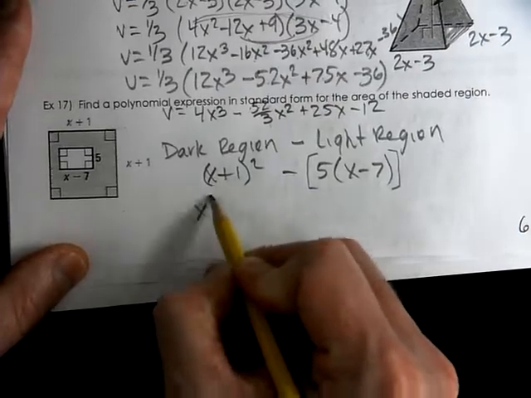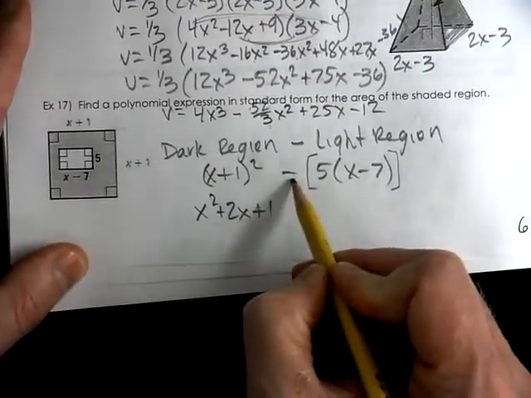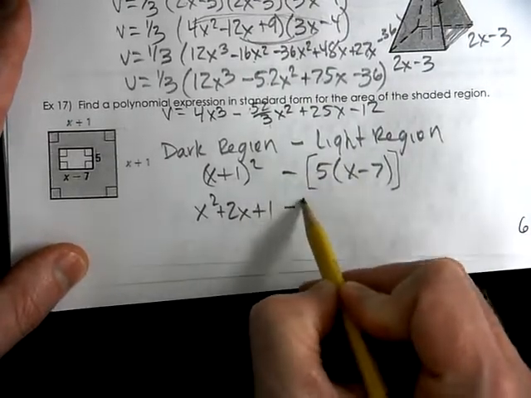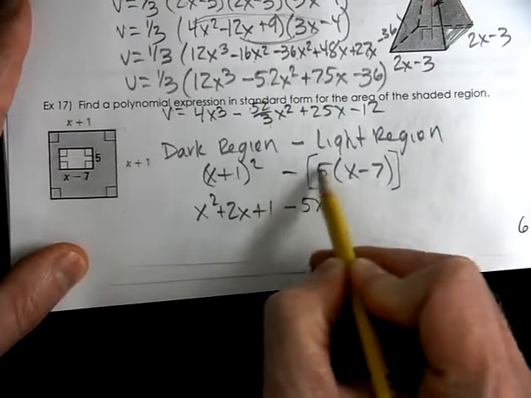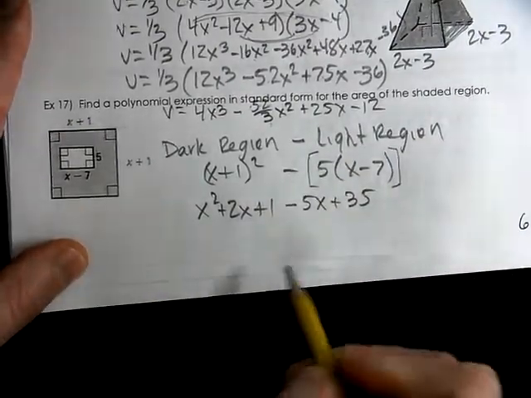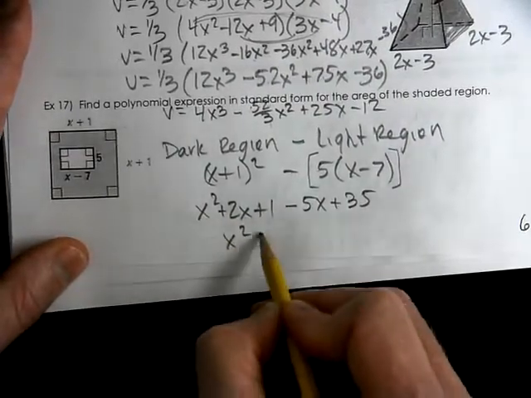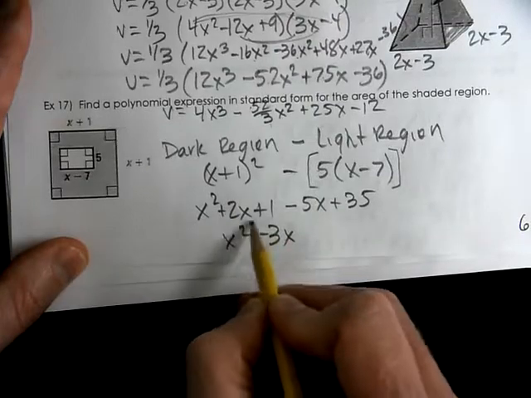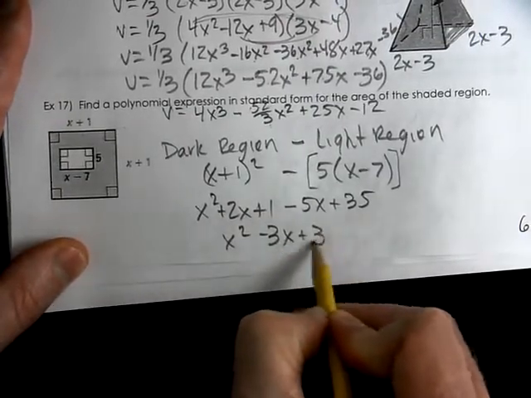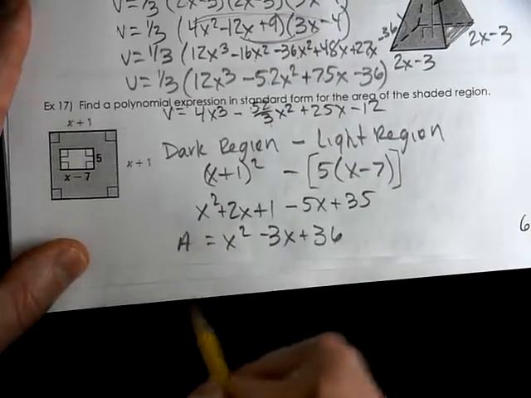This is going to become x squared plus 2x plus 1. This will be a negative 5 times x and a negative 5 times negative 7. So our final term is going to be x squared minus 3x plus 36. That is the area of the shaded region.